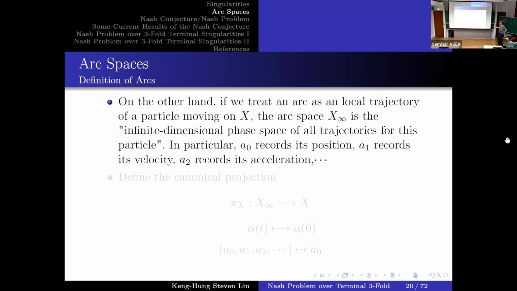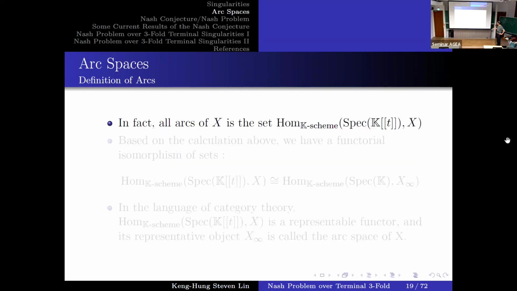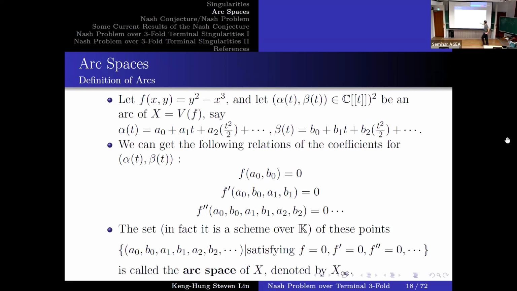So for example, if you think that this is your space, the trajectory of the particle is your alpha(t), beta(t). These a_i, b_j encode the following: this is the position of our particle, this is the velocity of the particle, this is the acceleration.